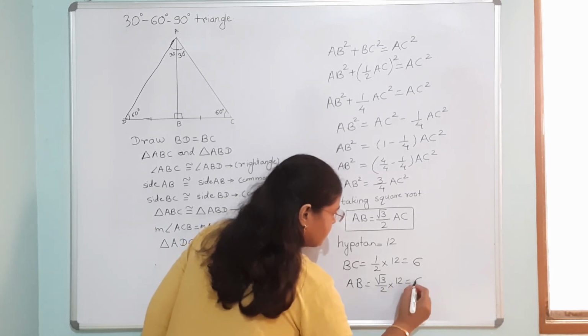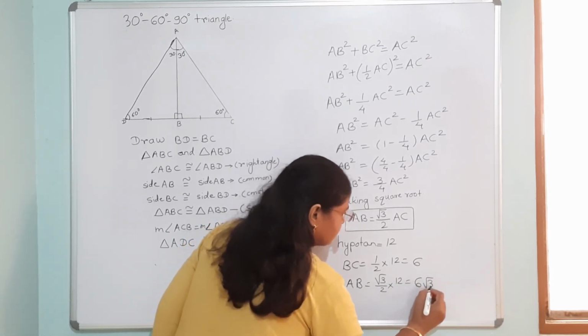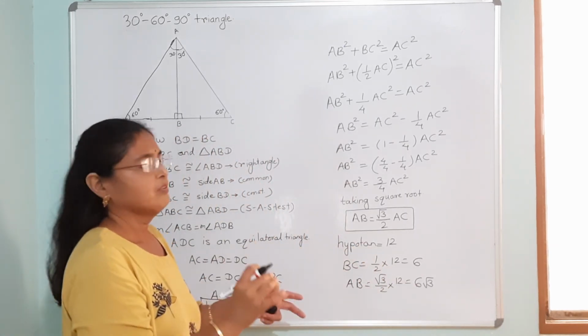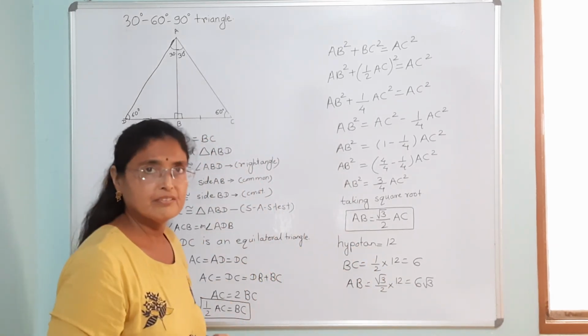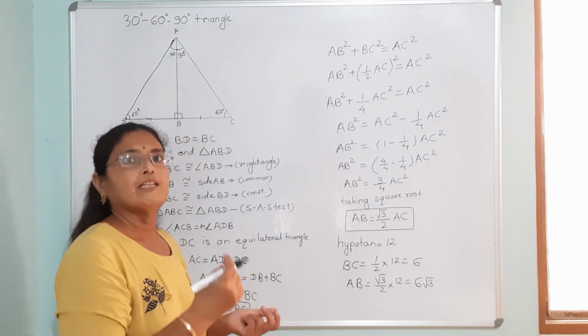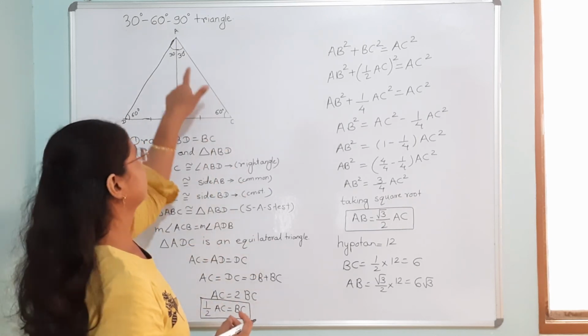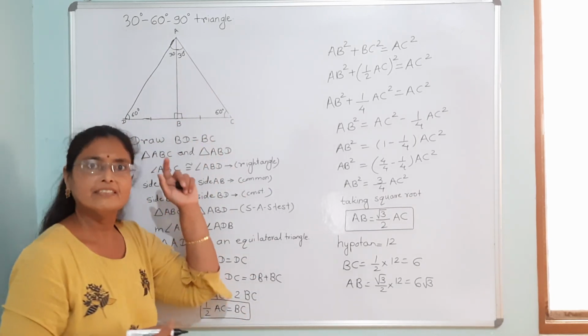That means it will become 6 root 3. In this way, if any of the sides from these 3 sides is given, we can find out the length of the remaining 2 if it is known that it is a 30, 60, 90 degree triangle.